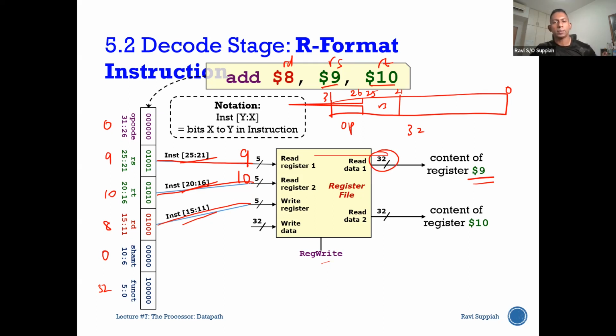When register 10 is specified as read register 2, I'm saying that I want to read the content of register 10, so that will come out over here. So I'm reading the content of both register 9 and register 10 and making it available at the output of the register file.